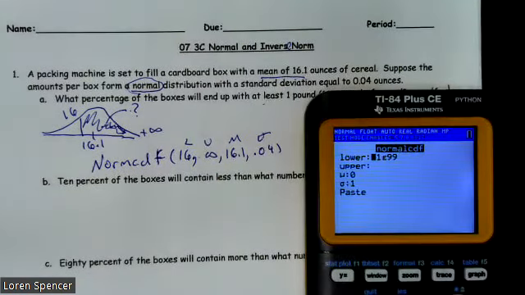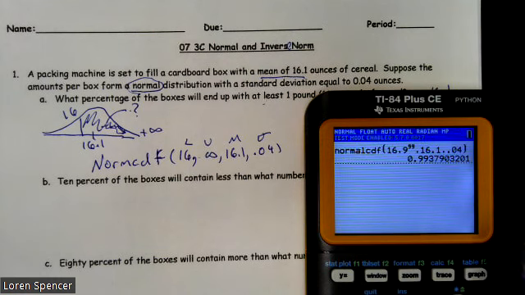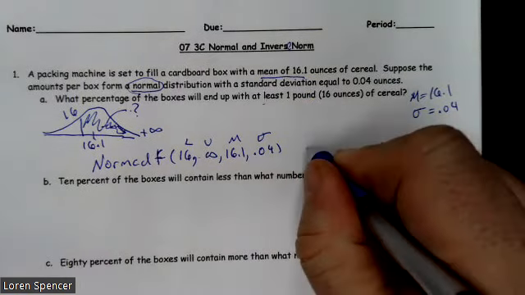All right, so let's go try it out. Second vars, normal CDF, lower bound 16, upper bound infinity, 9 to the 99th, mean of 16.1, and a standard deviation of 0.04. And we get 99%, so 0.9937.